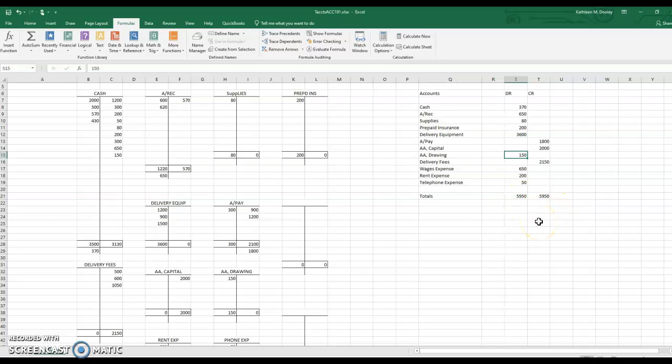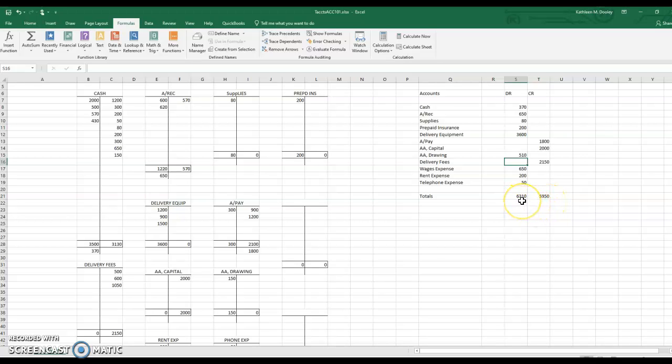Now what if I accidentally, look at this drawing account is 150. What if I accidentally put in 510? In other words, I switched the 1 and the 5. That's called a transposition. What if I did that? Now, again, I don't balance.